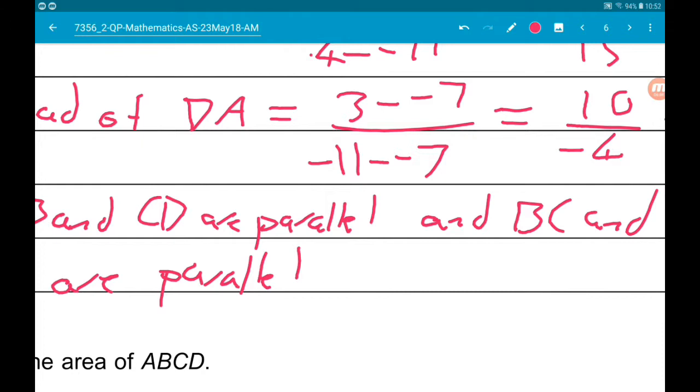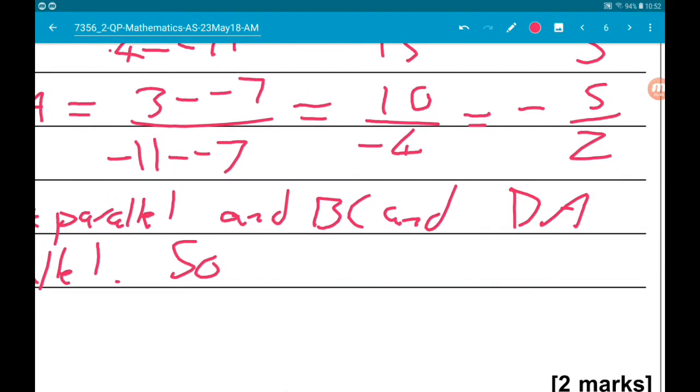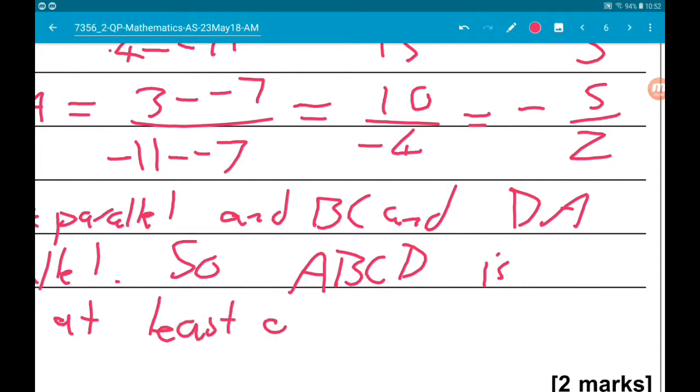So what we can say now is, ABCD is at least a parallelogram. So what we now need to do is show that these gradients are perpendicular, which will then prove that we have a rectangle. So I'm going to clear this up.